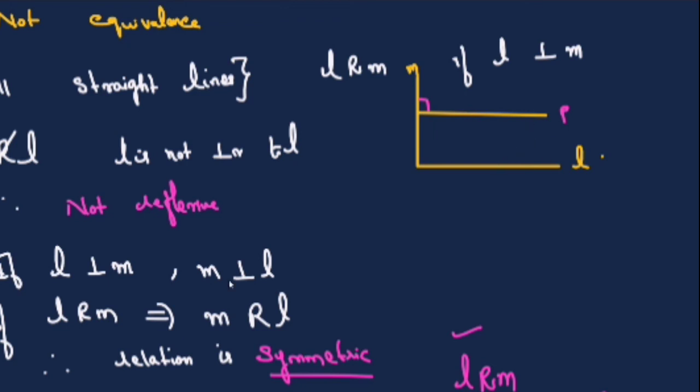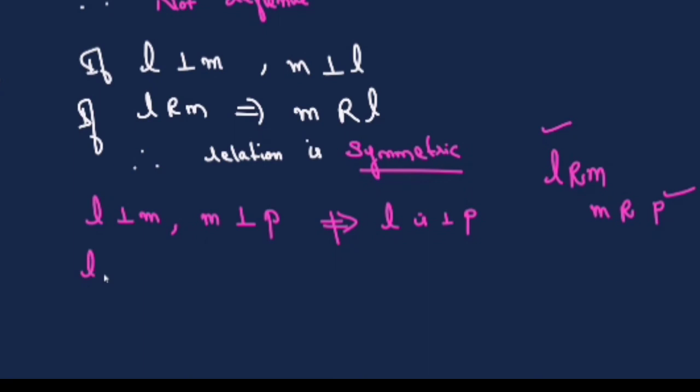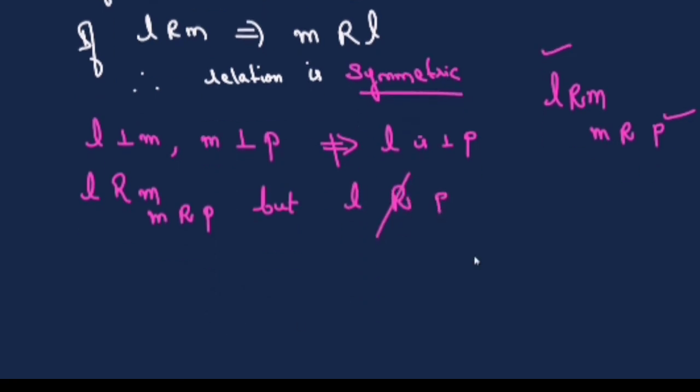They are parallel. So, L is related to M, M is related to P, but L is not related to P because L and P are parallel. Therefore, the relation is not transitive. Because it is not transitive and not reflexive, the relation is not an equivalence.